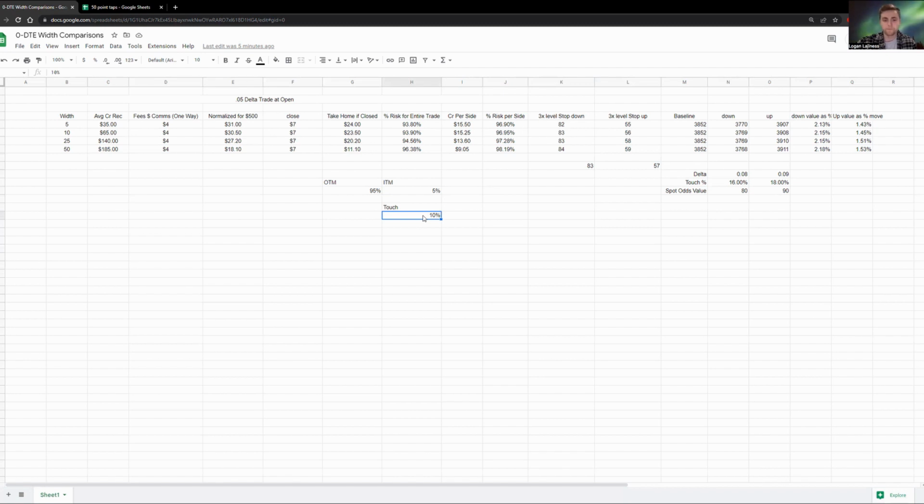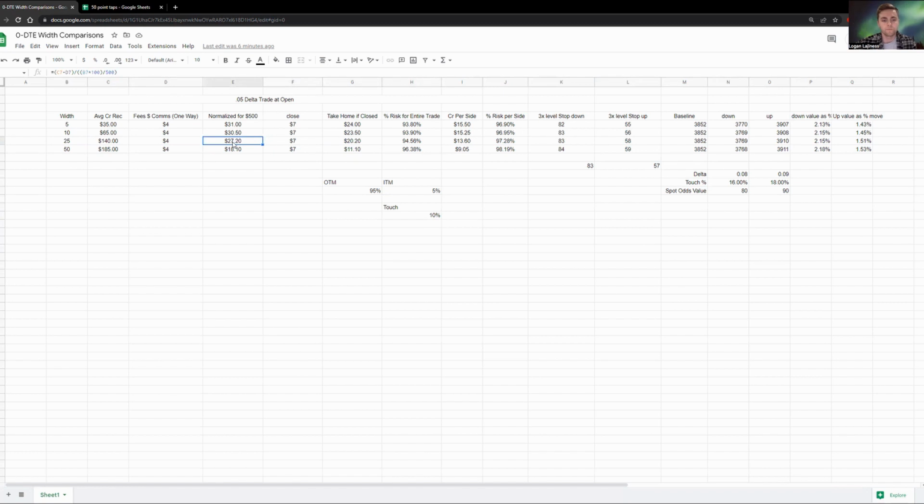Never mind the fact that we can go into this too. When you start to normalize these prices per 5-wide credit spreads, like this 25 and this 50, these are abysmal credits. You're basically getting $20 take home if you close it.